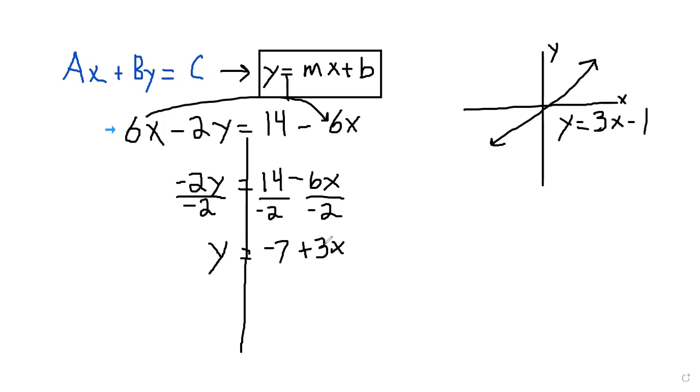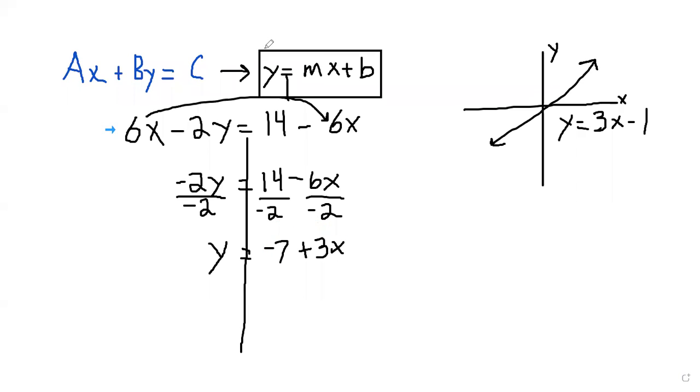Okay, so we're getting closer and closer. It's got to look exactly like this in our box here. So we notice that the 3x should be right next to the equal sign. So all we're going to do is take this here, and let me just highlight it for us. We're going to take this here and just do an old switcheroo.